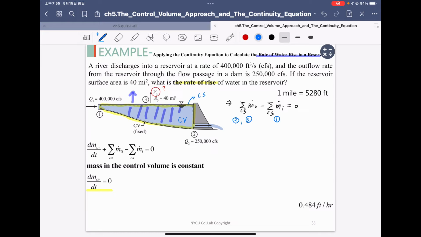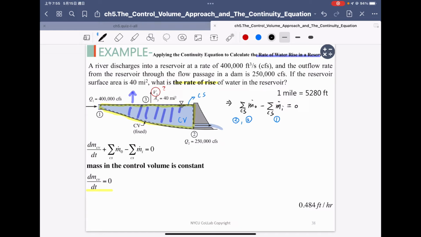So we can calculate the flow rate for section 2 and section 3. We know that we have the Q2 at section 2.